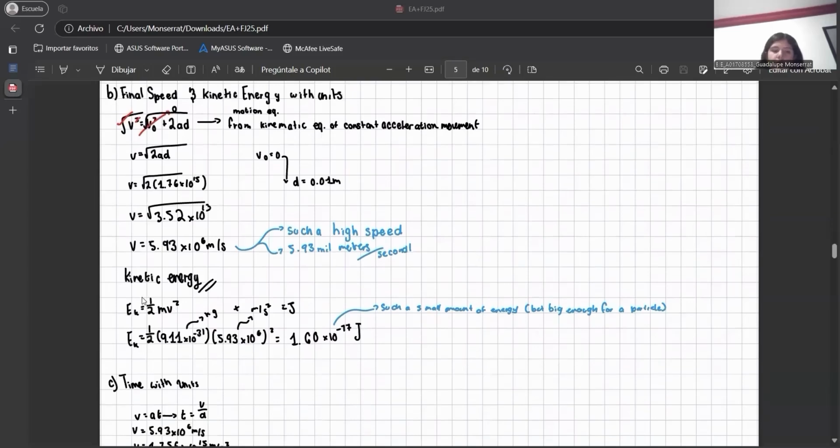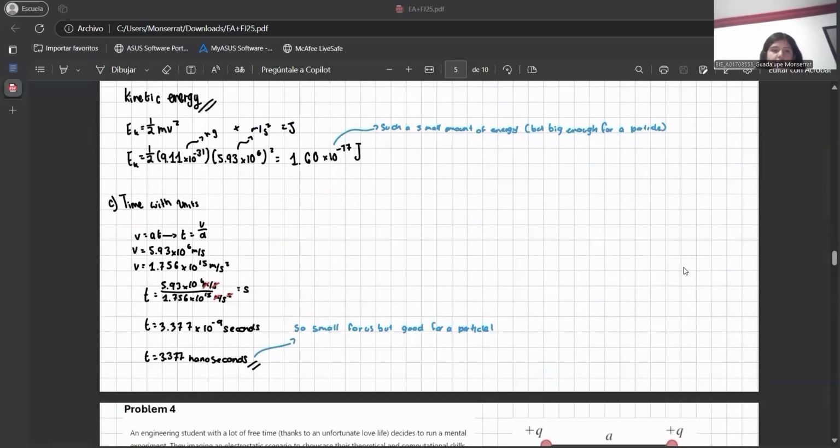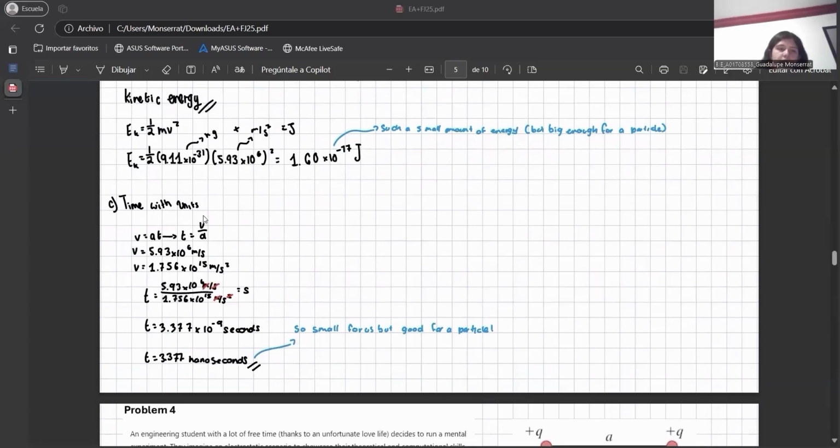Then we have the kinetic energy that we get by replacing the velocity that we just found, and it's such a small amount of energy, but big enough for a particle. And then finally we have the time with units.